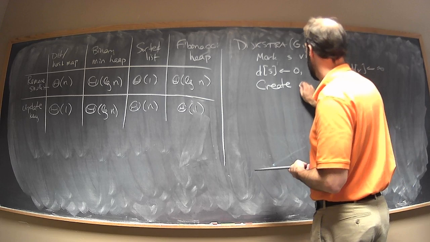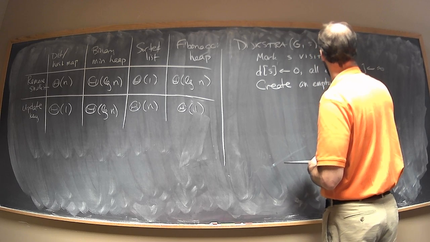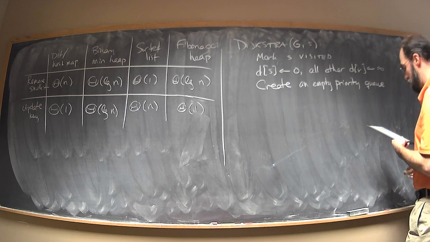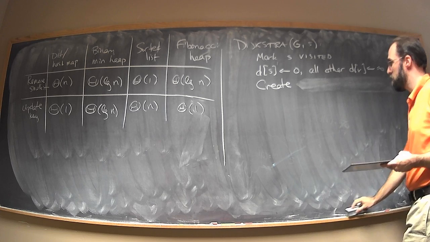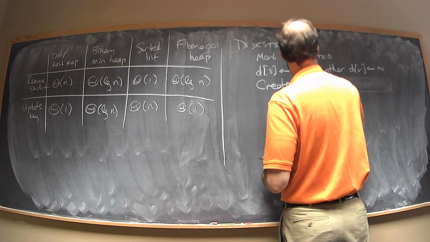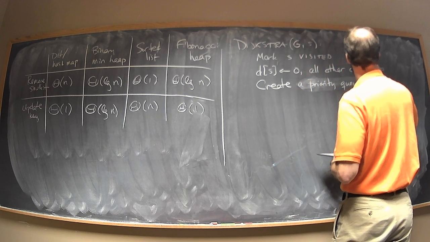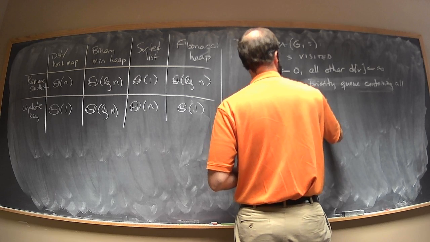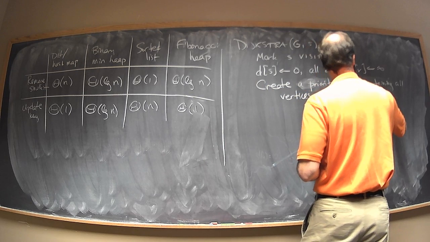So we're going to create an empty priority queue. No, it's not going to be empty because it's going to have all the nodes in it. So create a priority queue containing all the vertices using DV as the key, or as the priority.